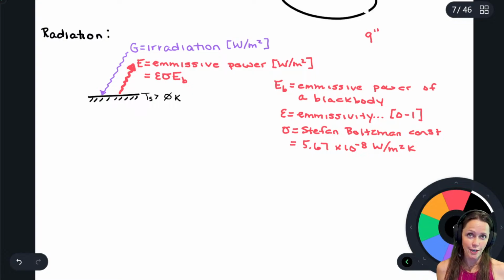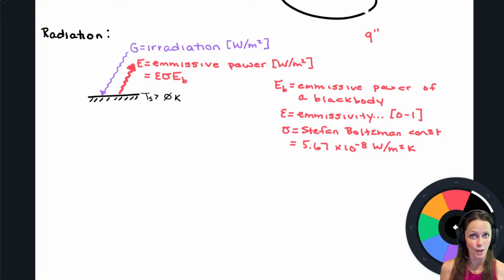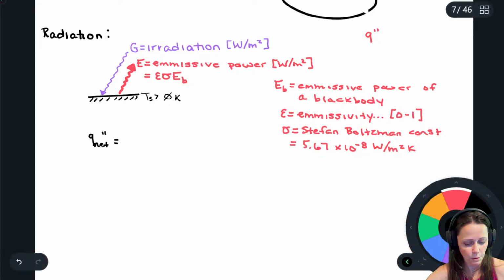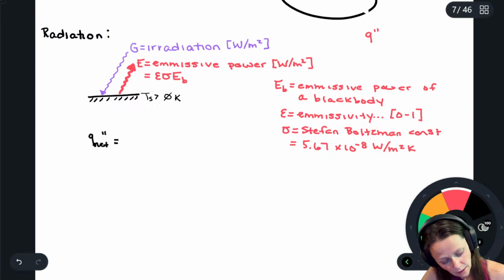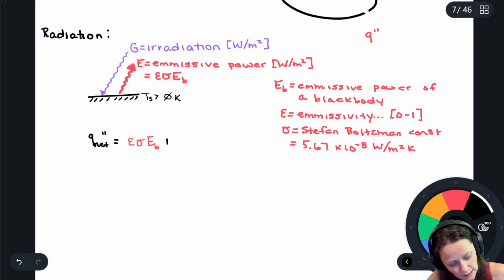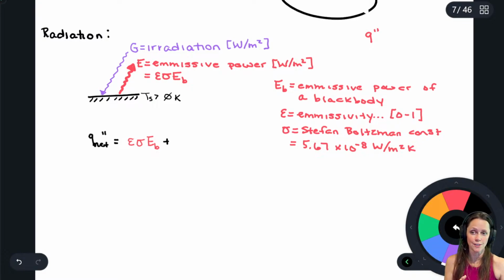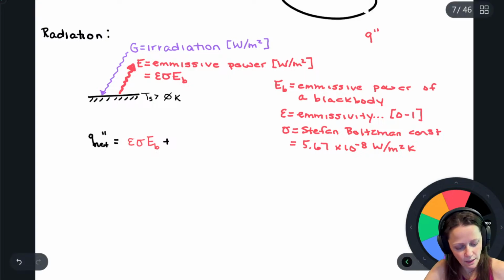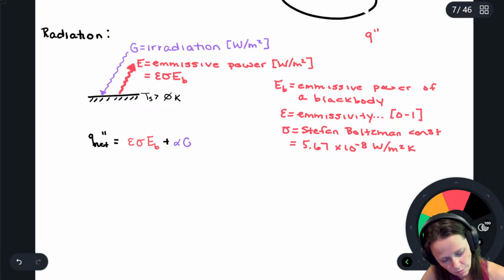So when we talk about the net rate of radiation coming off of that surface, or the net flux coming off of that surface, q net, and I'm going to put two little double primes to indicate that it's a flux, it would be all the stuff that's being emitted, which is the emissivity times the Stefan-Boltzmann constant times the emissive power of a black body, minus not all of the radiation that is being irradiated onto that surface, but a fraction of it that ends up getting absorbed.